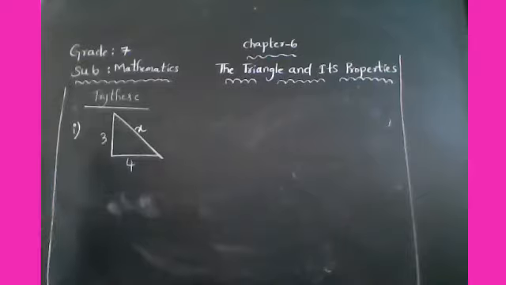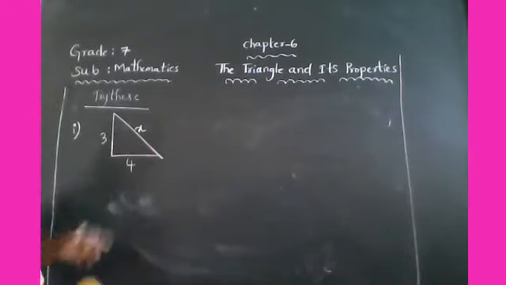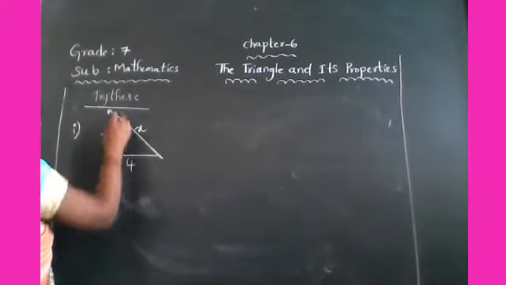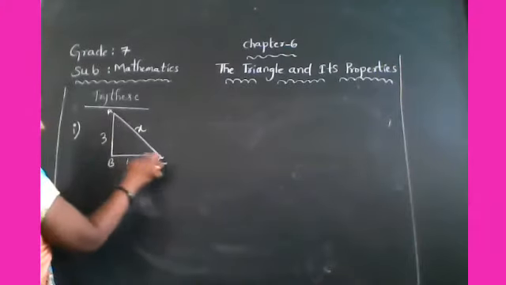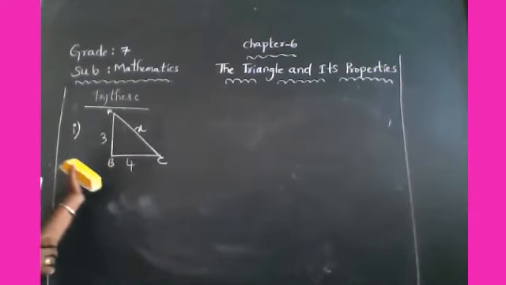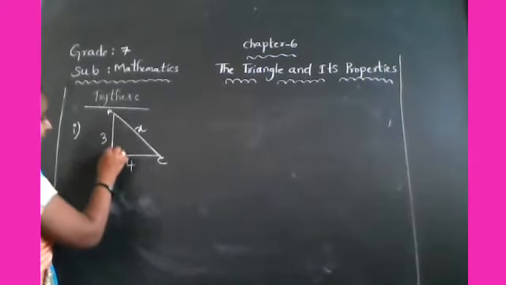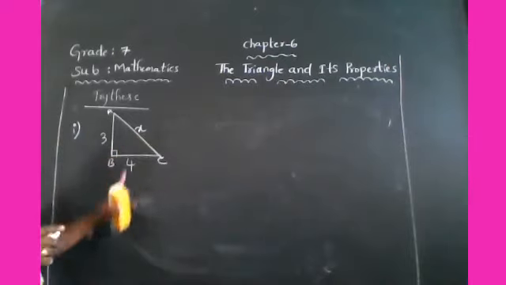Now we have to find this x. Remember, first give the name of this triangle. So I am giving A, B, C. ABC is a right angle triangle. So where is the right angle formed? At B. Now here you have to find x.